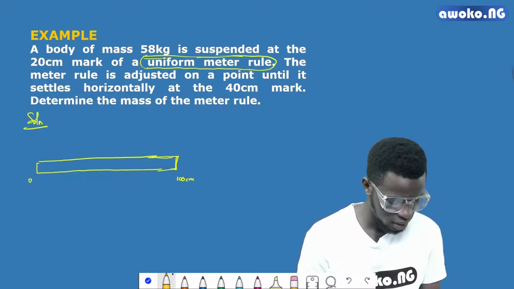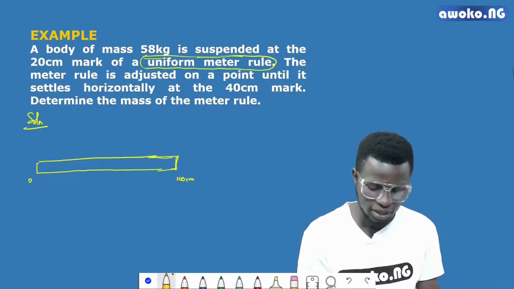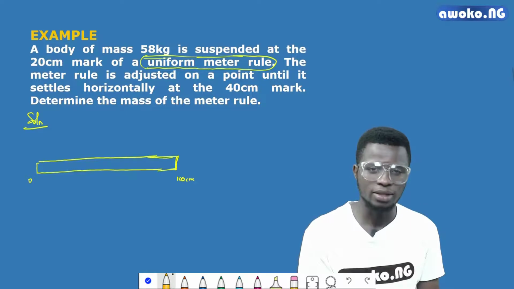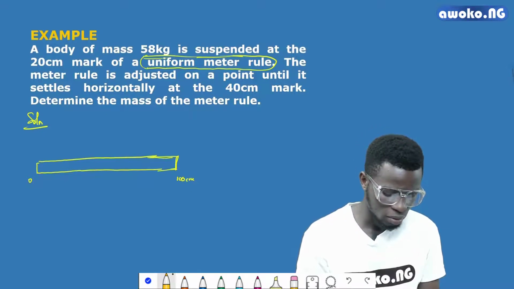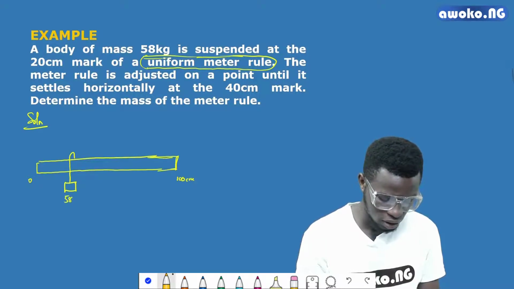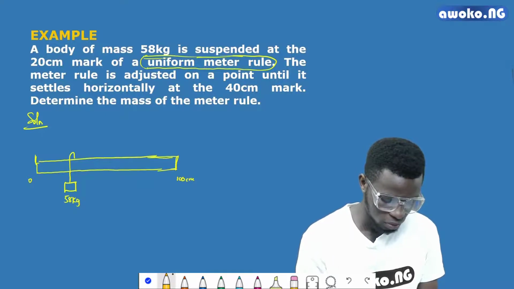So the question states that the meter rule is uniform, and then the body of mass 58 kg is suspended at the 20 centimeter mark. So from 0 to the point where the body is suspended, we have the body of mass 58 kg, and it is suspended from this point to this point, equal to 20 centimeters.